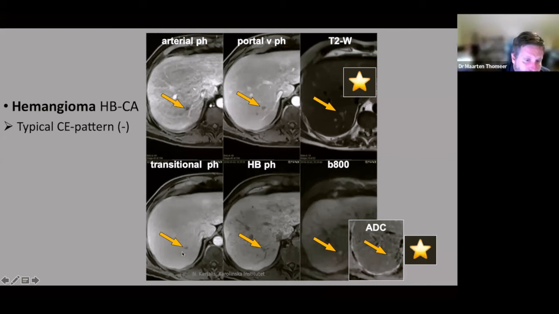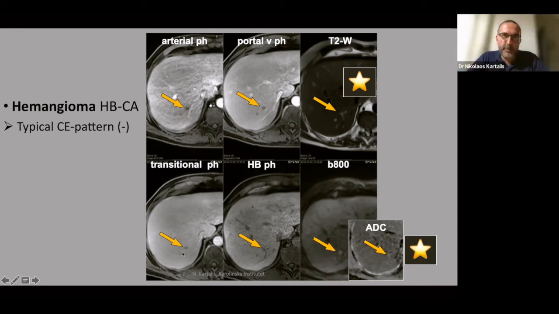I have another question. If you have a staging for a pancreatic tumor, what would you prescribe, a Primovist MR or a non-specific contrast? What do you do in daily practice? In daily practice, if the tumor is in the pancreatic head, Primovist will not give you the additional information, because the patient will have hyperbilirubinemia, so you will not get your hepatobiliary phase.